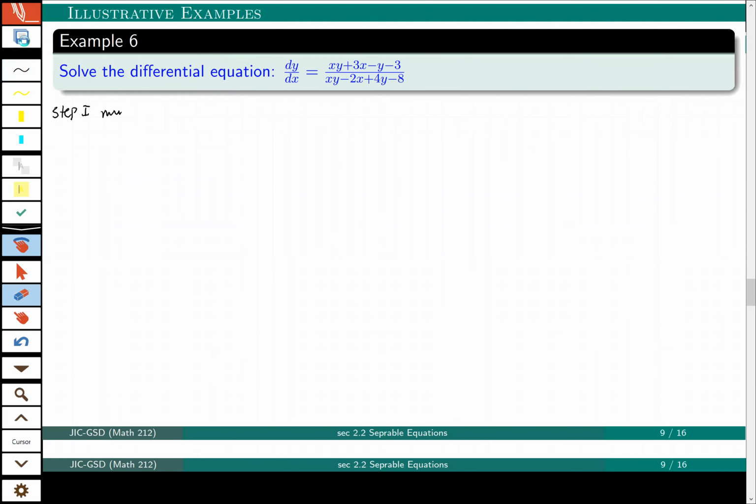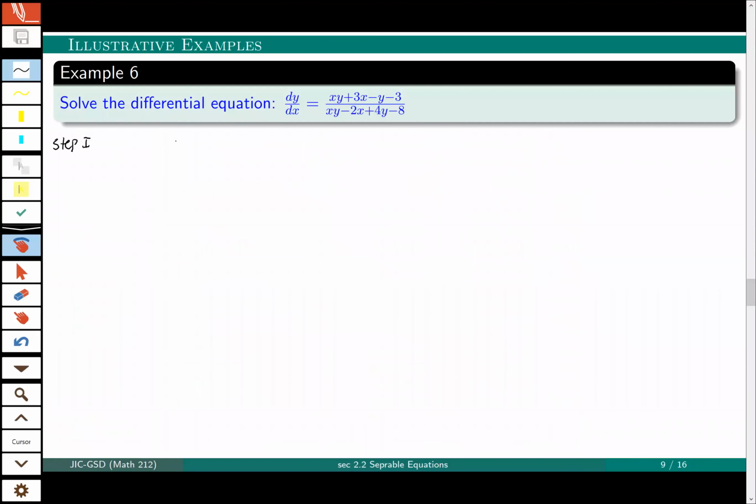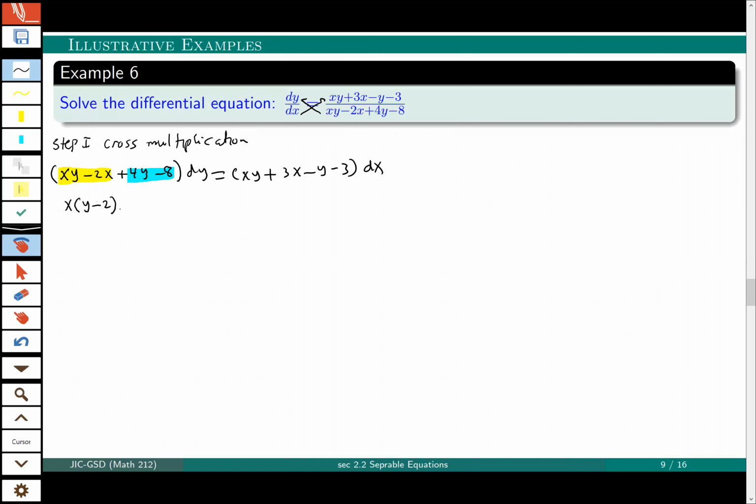So the first step, cross multiplication: x times y minus 2x plus 4y minus 8, multiplied by dy, equals x times y plus 3x minus y minus 3, multiplied by dx. Take these two as two groups. That's the first group, x common factor, I will have here y minus 2. And if I take from the second group 4 common factor, I will get y minus 2 again.